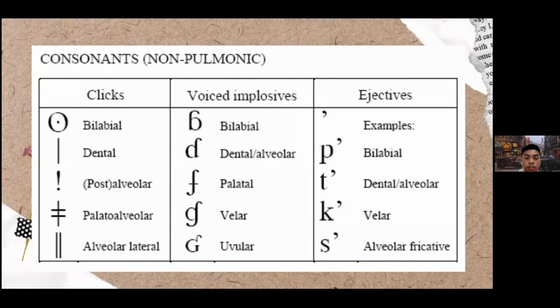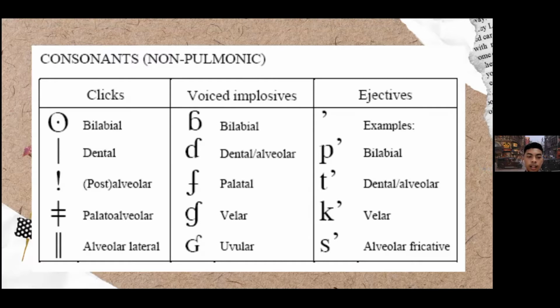Next, the non-pulmonic consonants. The first is clicks. Nga, anga, nya, anya. We continue with the implosive symbols. Ba, aba, da, ada, ga, aga.